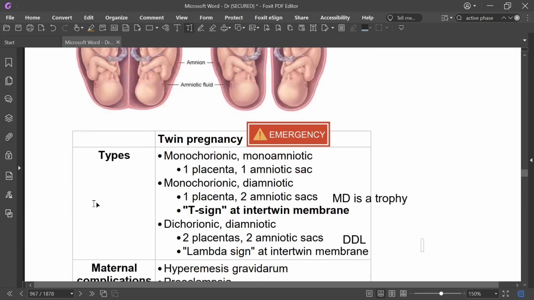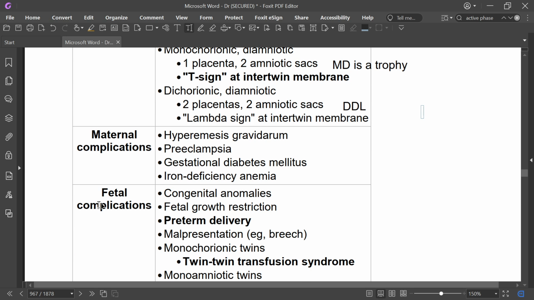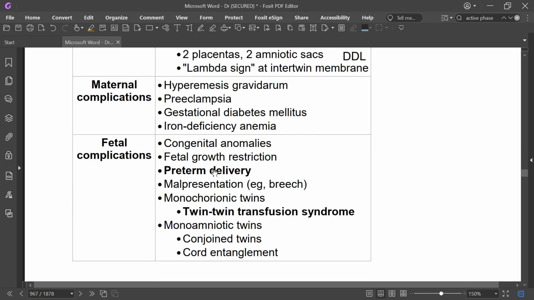In twin pregnancy, maternal complications are hyperemesis gravidarum, preeclampsia, gestational diabetes mellitus, and iron deficiency anemia, and fetal complications include congenital anomalies.